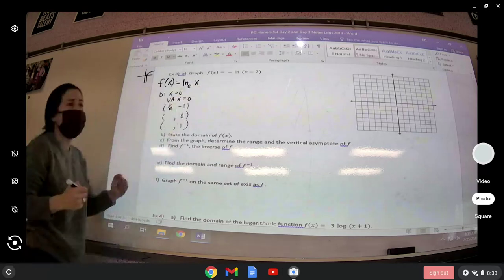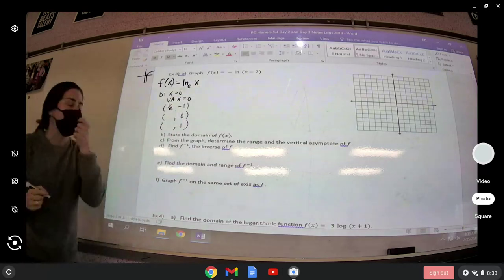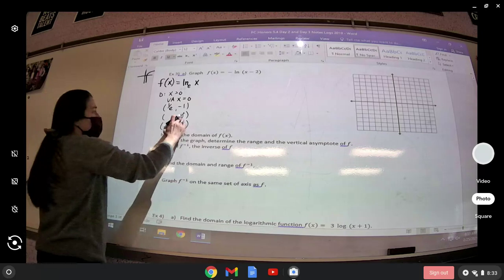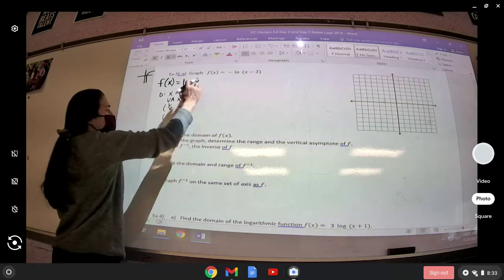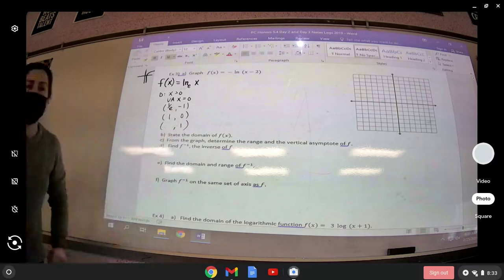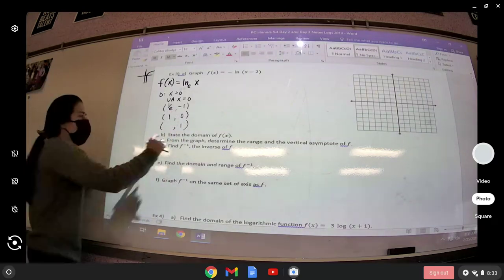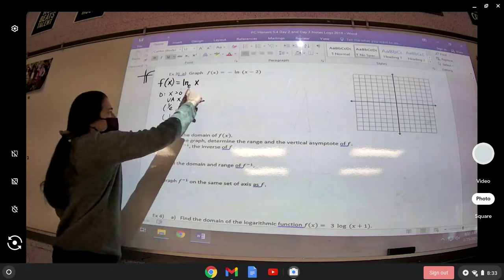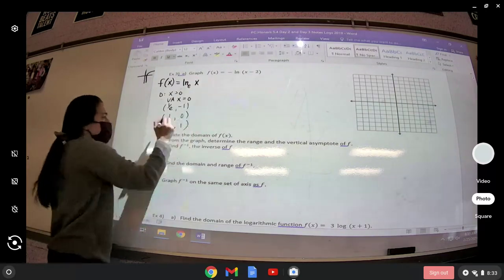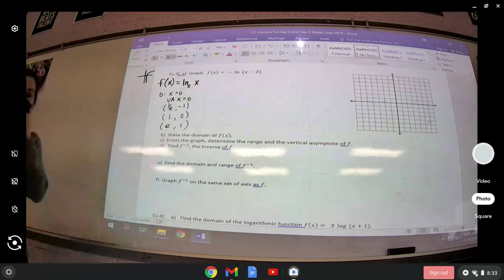That's what we would have plugged in to get -1 out. If my exponent was 0, e to the 0 is 1, because e to the 0 is 1. And then if I picked 1 to be an exponent, e to the power of 1 is e. That's what we would have taken the log of to create that exponent of 1.